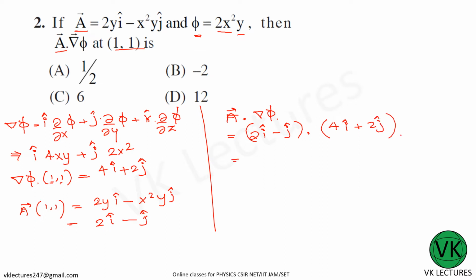So that is 8 minus 2, which is nothing but 6. Now your option is C.